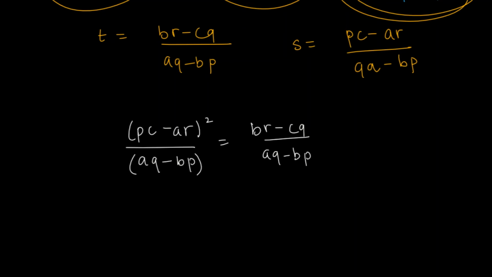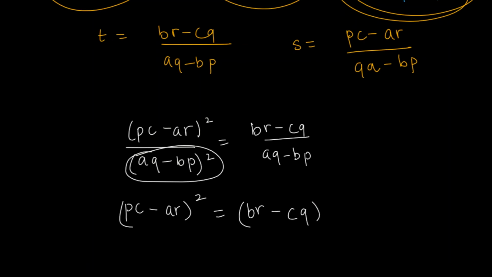There is a squared there as well, by the way. And just to even things out a bit, you just write (pc - ar) squared. You multiply both sides by this entire denominator. So this gives you (pc - ar) whole squared is equal to (br - cq) times (aq - bp).